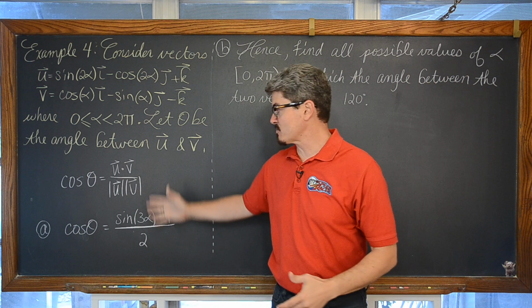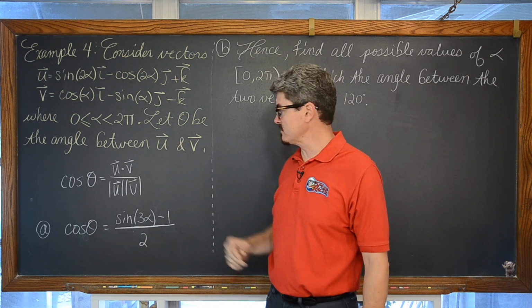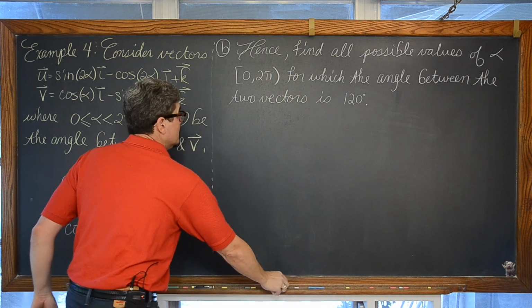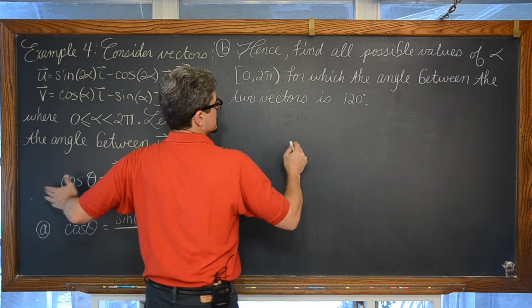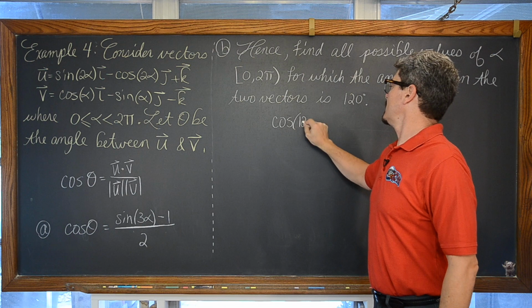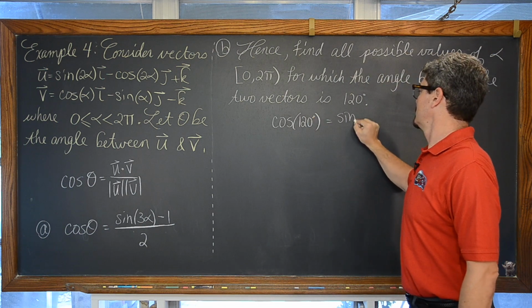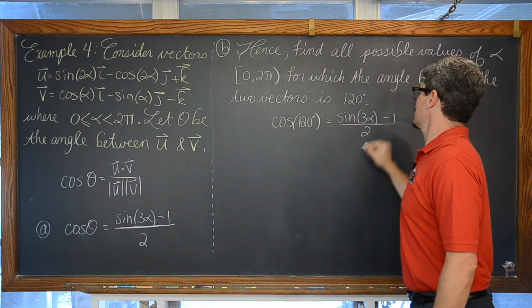And we came up with this expression through the formula that tells us the angle between two vectors. So let's plug 120 degrees in here and find out what happens. So we have the cosine of 120 degrees is equal to the sine of 3 alpha minus 1 over 2.